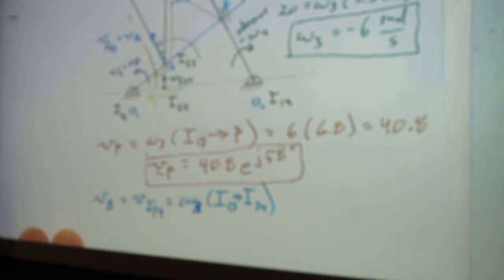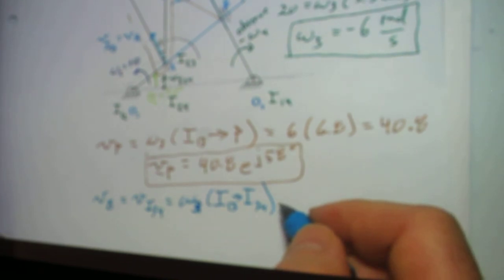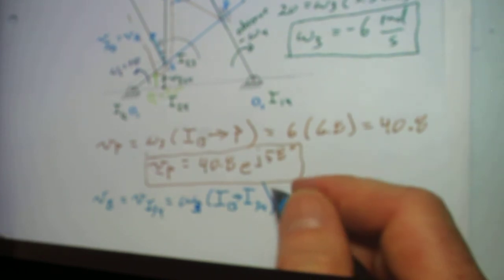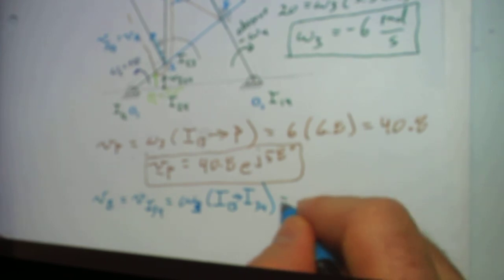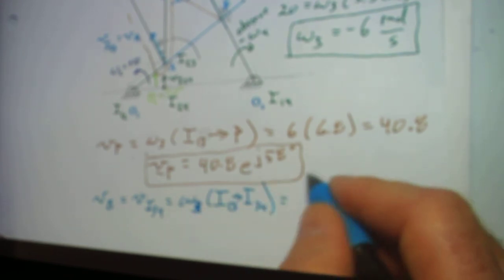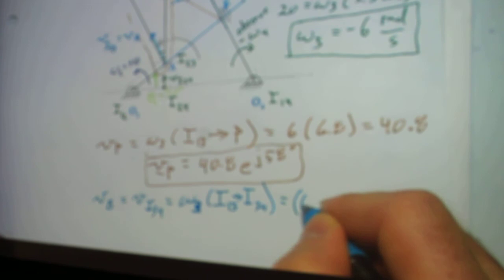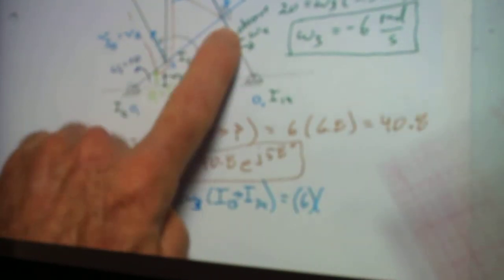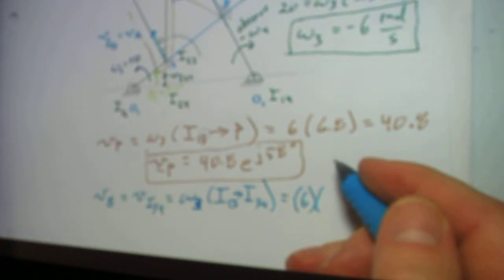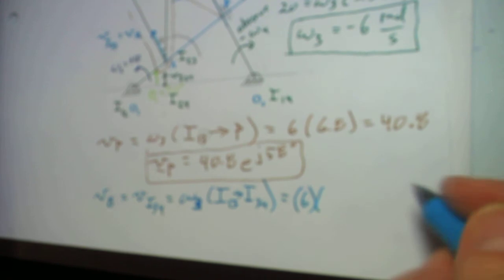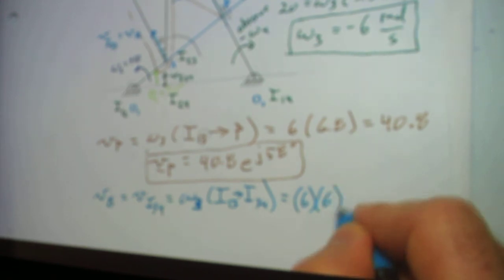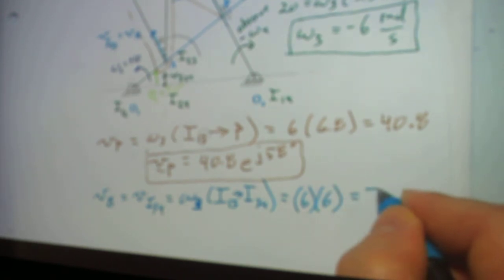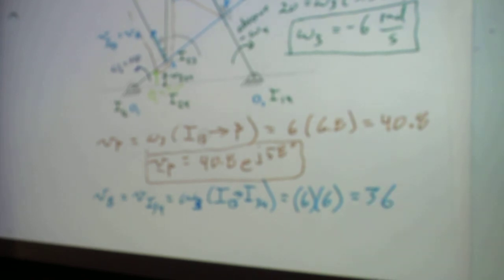Okay? And so with this here, I measure this. This is 6. Again, I'm just using the magnitude. And I measure 1,3 to 3,4. And when I measure that, I get 6. So this equals 36. Okay?